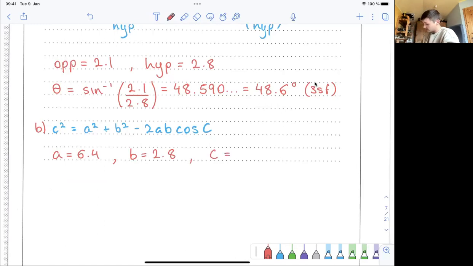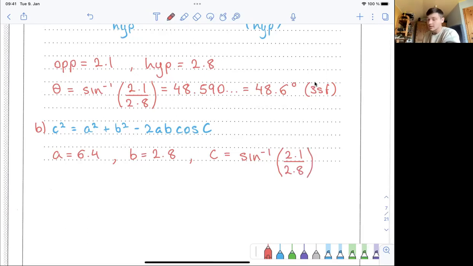Now we can use this 48.6, though this is a rounded number. To avoid what some people call premature rounding, why don't we use our full expression here for the angle, which is the inverse sine of 2.1 over 2.8.